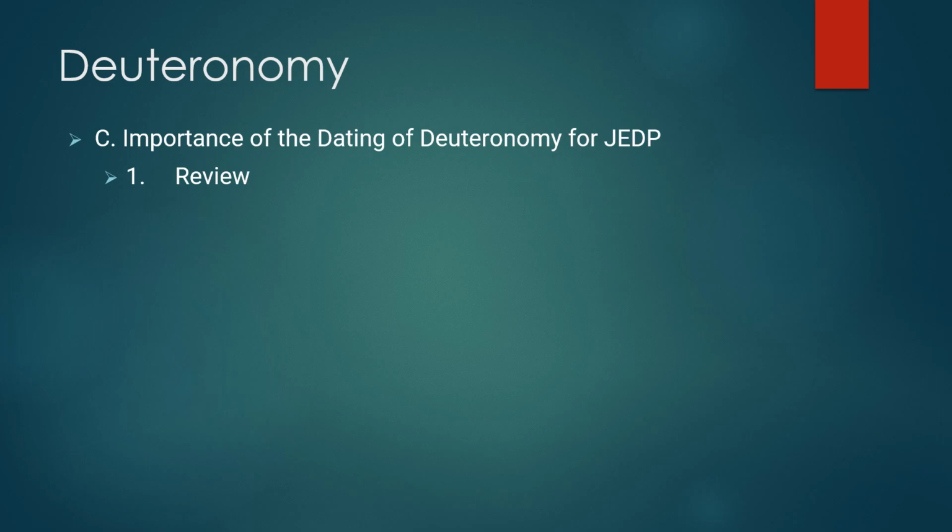Now, just to get into that a bit by way of a little review, I mentioned to you one of the results of Wellhausen's analysis of the Pentateuch was he isolated a number of law codes, and then he associated those law codes with the different documents so that he had a covenant code from Exodus chapters 20 to 23, which he associated with JE.